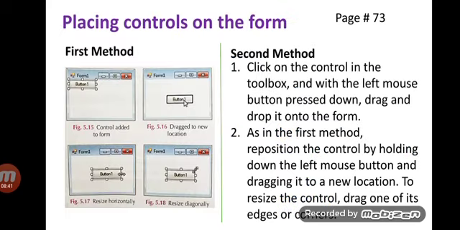So next we have placing controls on the form. There we have two methods. First is shown with the help of figures. You drag the button from the toolbox onto the surface area.